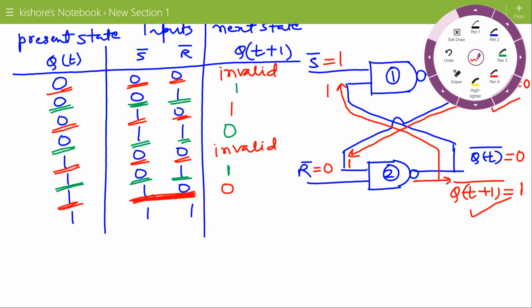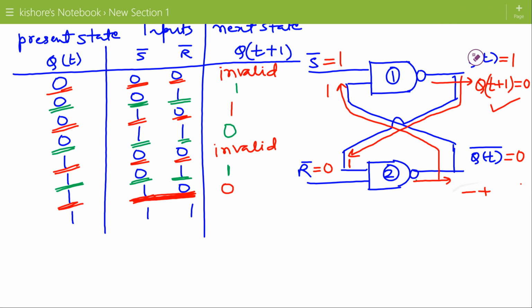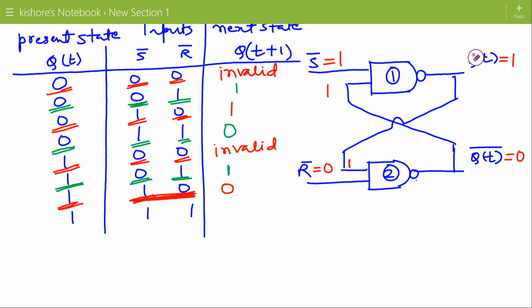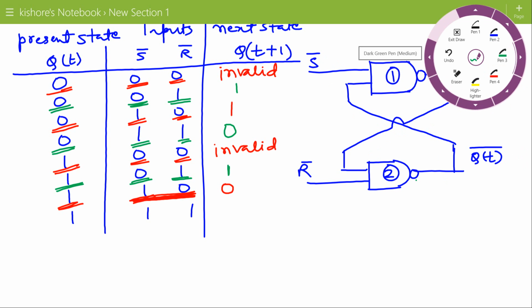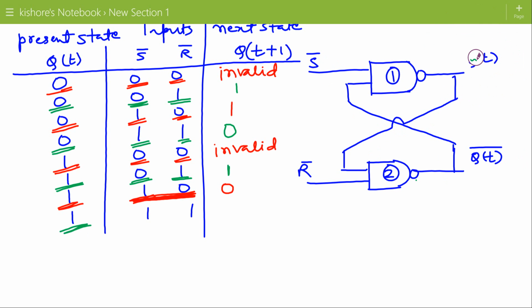Now let's check the last condition. QT is 1, QT bar is 0, S bar is 1, R bar is also 1.